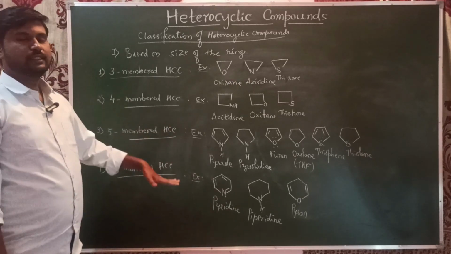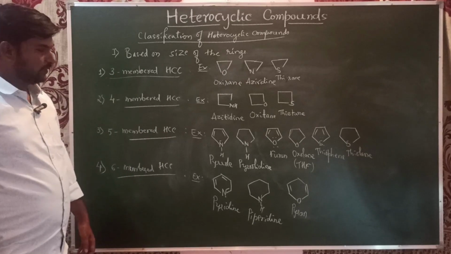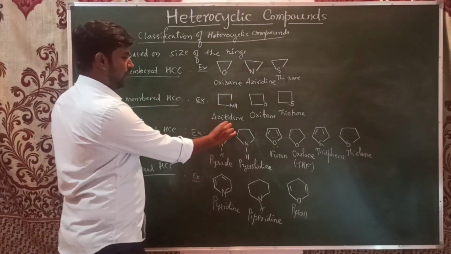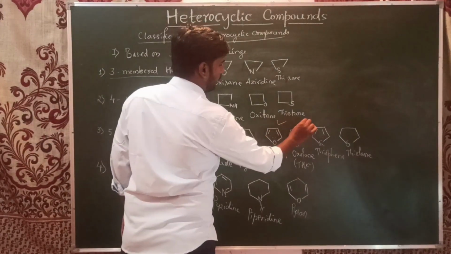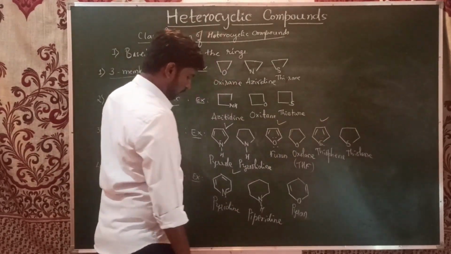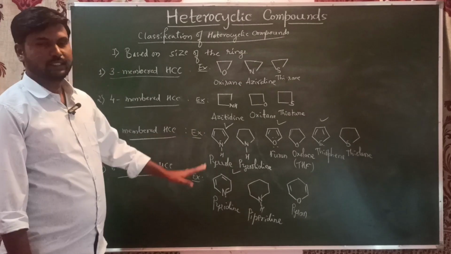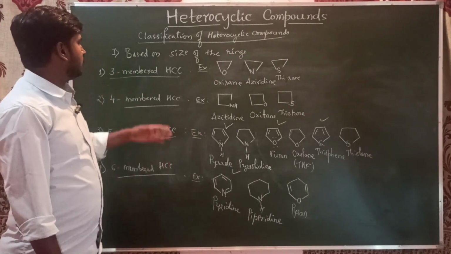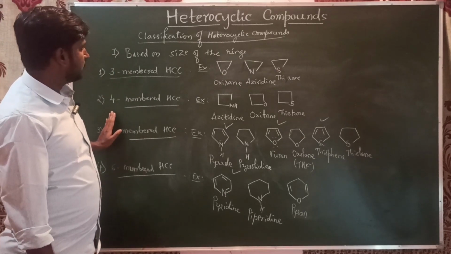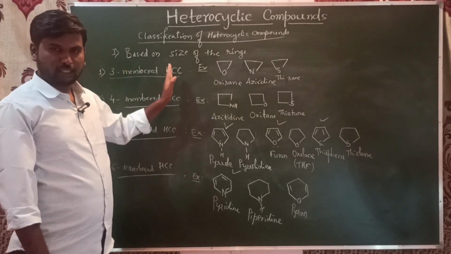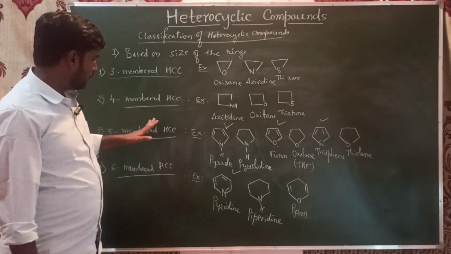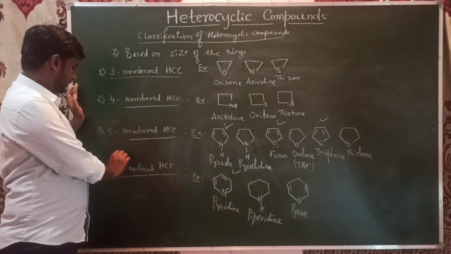That's why we discuss these in detail in this chapter, especially aromatic heterocyclic compounds like pyrrole, furan, thiophene, and pyridine. So this is the classification based on the size of the ring: three-membered, four-membered, five-membered, six-membered. You can also have seven, eight, but don't worry. In your exams, usually these things are very important.